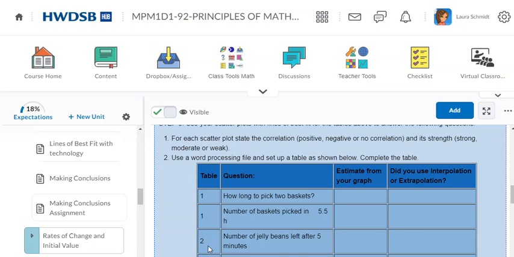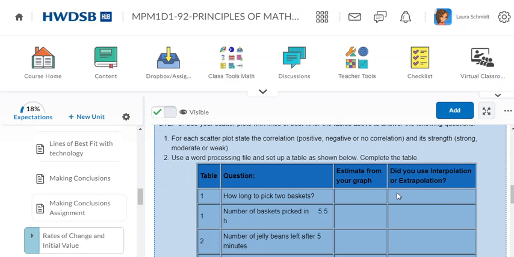Finally, you had to fill in this table, which was kind of odd: did you use interpolation or extrapolation? That's not really a highlight of this course anyway, so no big deal there. You would look at your graph, how long to pick 2 baskets. You would look at your line of best fit, go to where 2 baskets is, follow across in your graph and down, and see, oh, it took about 30 minutes or whatever it is. Then did you use interpolation or extrapolation?